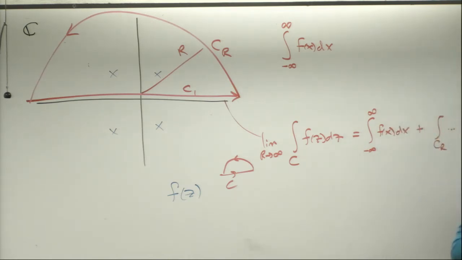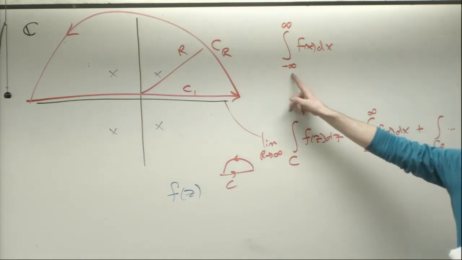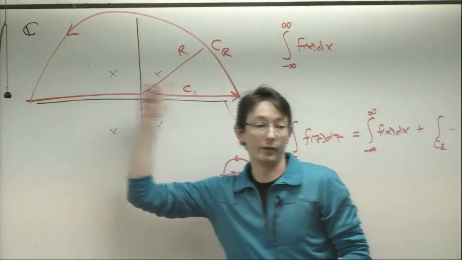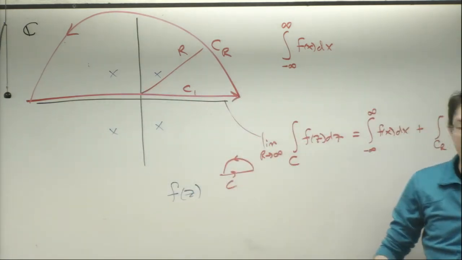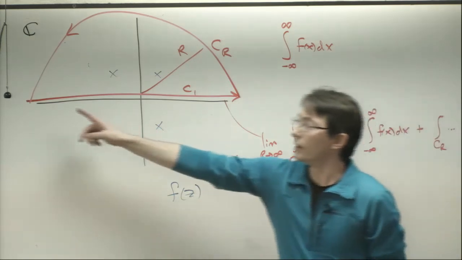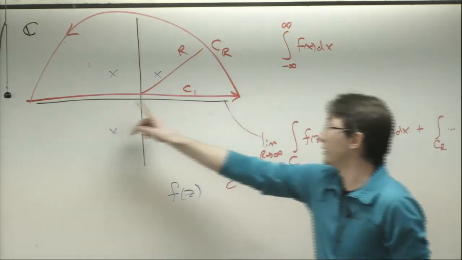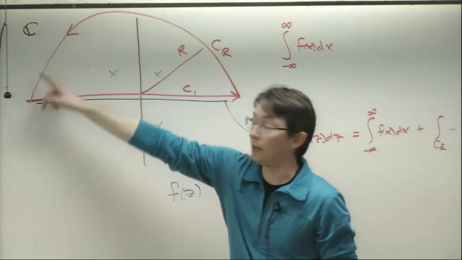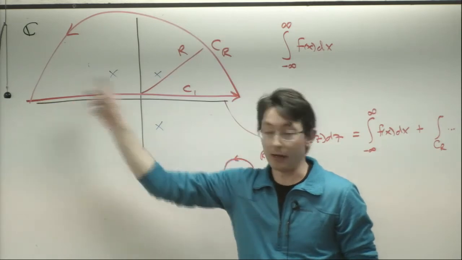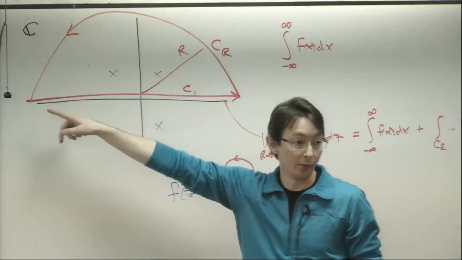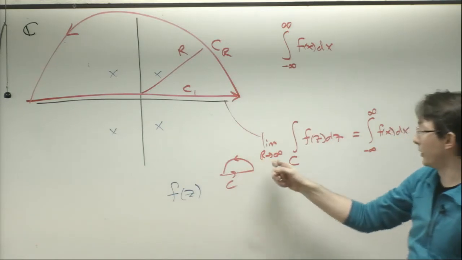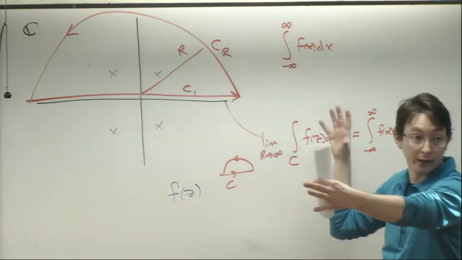Okay, let's take a step back. I'm trying to solve this real valued integral from negative infinity to infinity. Okay, I need to do that. Sometimes what I can do is create a closed contour C by making this big radius R loop and connecting, and taking the limit as that radius grows to infinity.